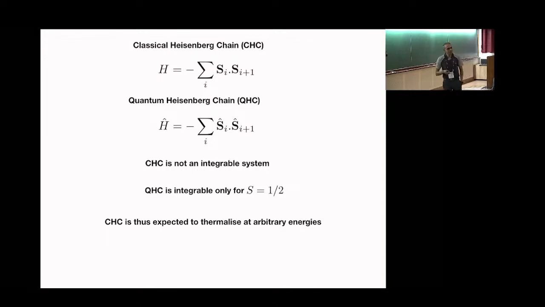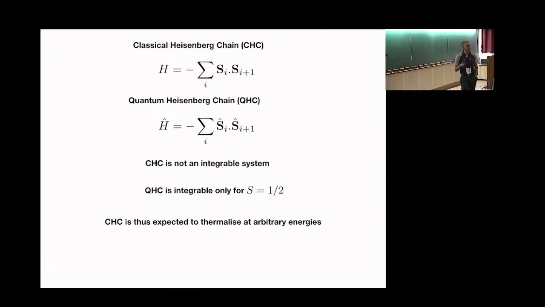But before I go on to what's interesting about the system, let me make one remark, which I can't help making because my field of research is mainly quantum condensed matter physics: the quantum counterpart of this system is actually quite different. By quantum counterpart, I mean now think of these as quantum spins, specifically spin halves. This quantum Hamiltonian is fundamentally different from the classical one in the sense that it is an integrable system.